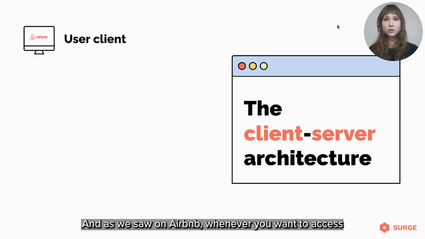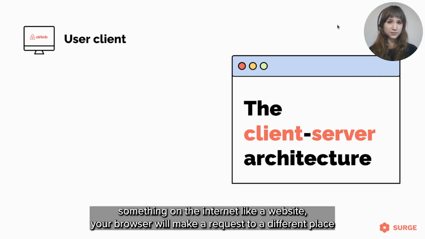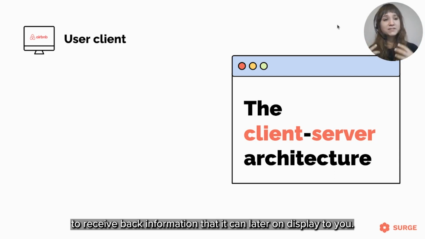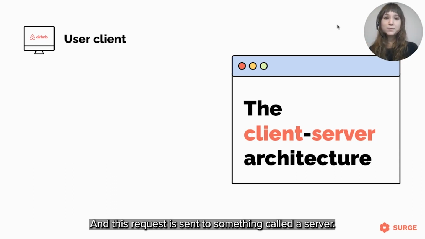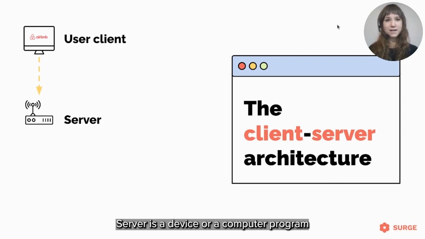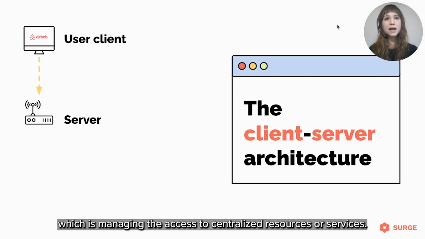And as we saw on Airbnb, whenever you want to access something on the internet, like a website, your browser will make a request to a different place to receive back information that it can later on display to you. And this request is sent to something called a server. A server is a device or a computer program which is managing the access to centralized resources or services.